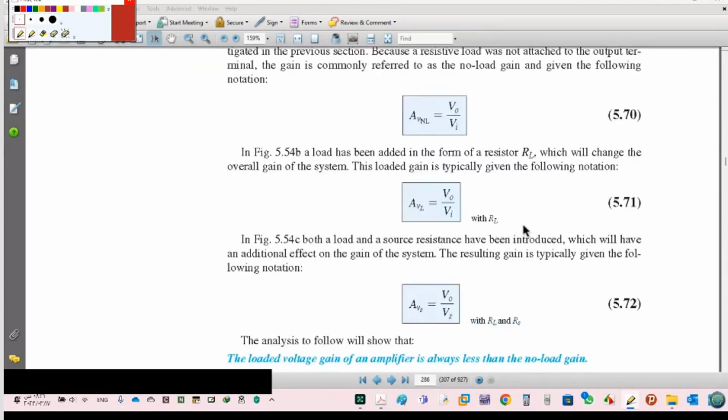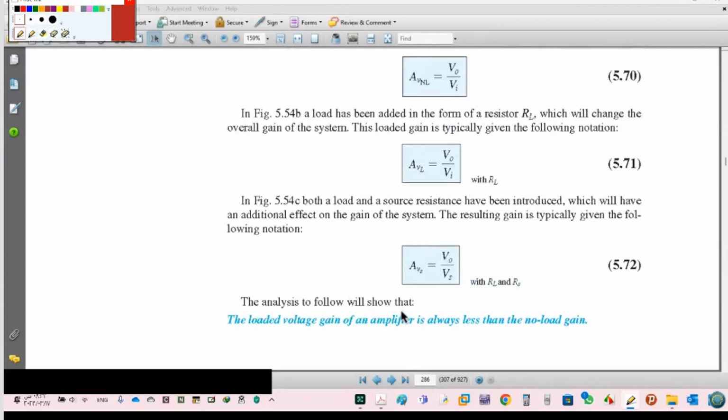Usually, if you have, for example, AVS, so I will write this AVS. Usually, if I add R, I will have a decrease in gain. So usually AVS is less than AV load, which is less than AV no load, because here you are adding R to your study.